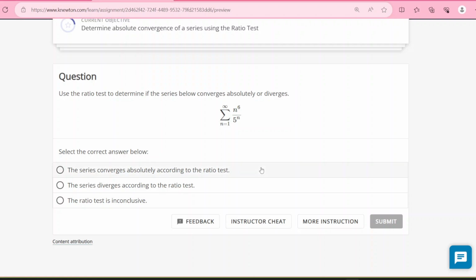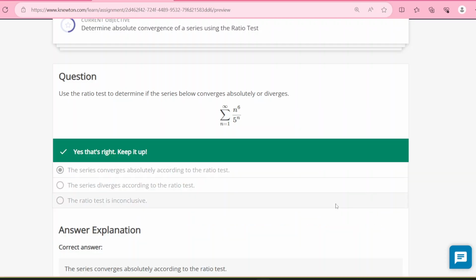We'd have to go to a calculator or something and figure out to a certain number of decimal places what this would converge to. That's not what the test is telling us, right? Tests don't tell us what the thing converges to. They're telling us the series converges, and converges absolutely by the ratio test. Great.